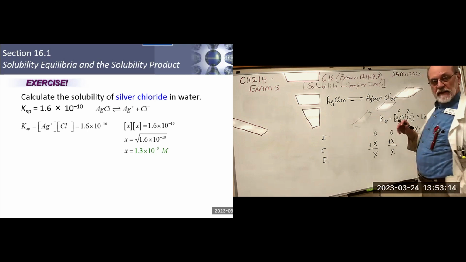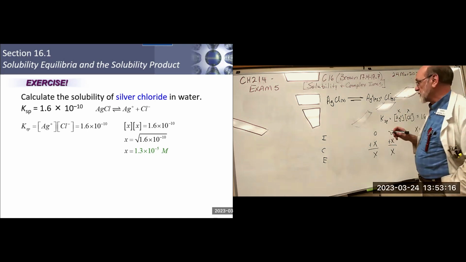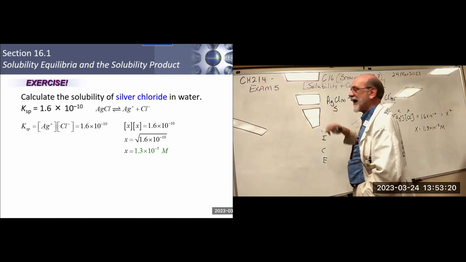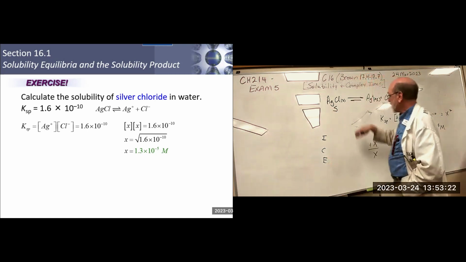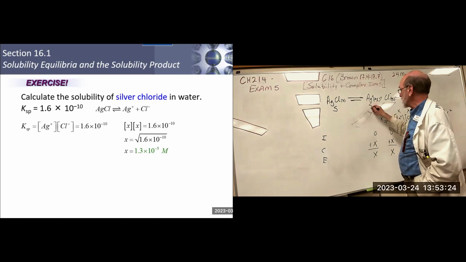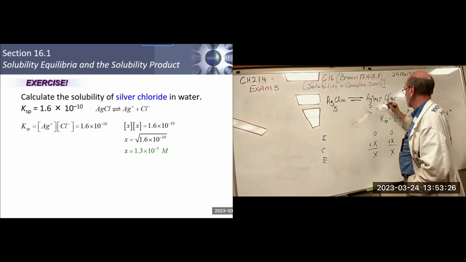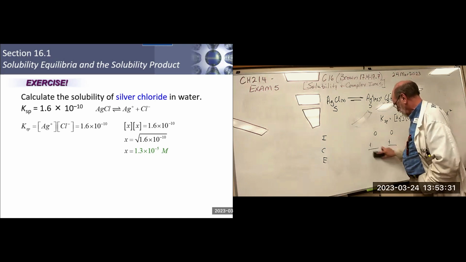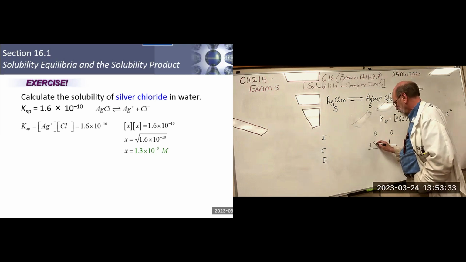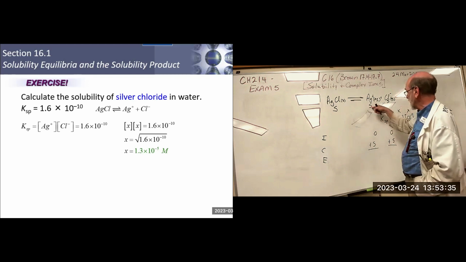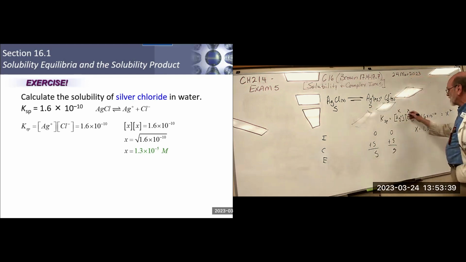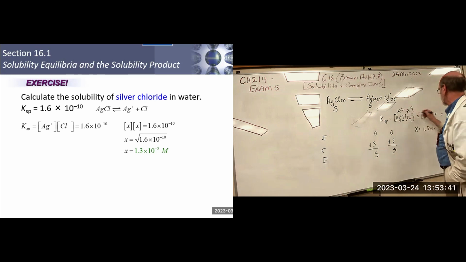Or this might even make more sense. If we say the solubility of this is some value S, that means this is going to produce an S and this is going to produce an S. So we could change these to S. Right? We're going to get an S here, we're going to get an S there. So that's S, and this would be S and S, solubility.